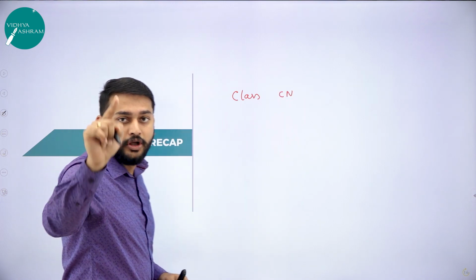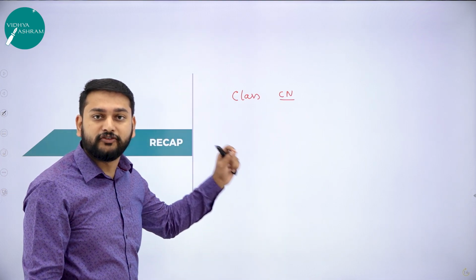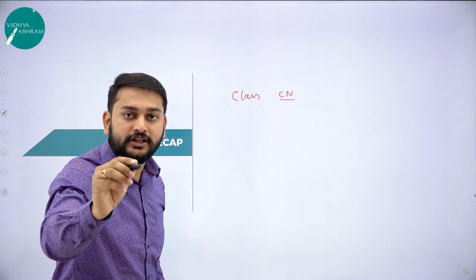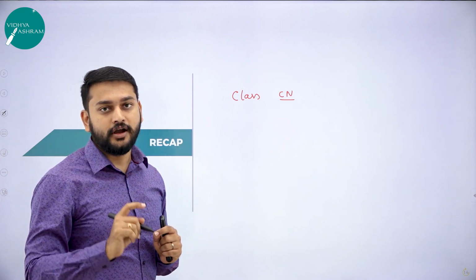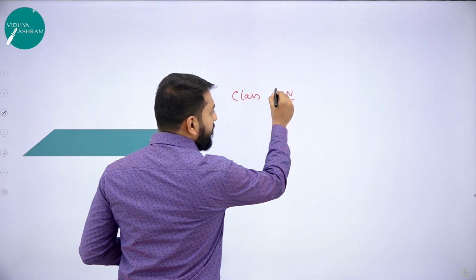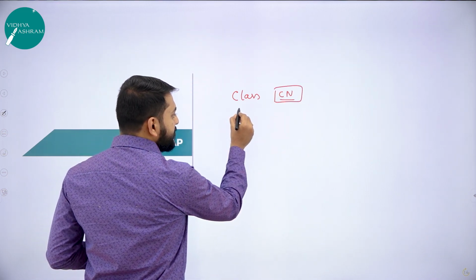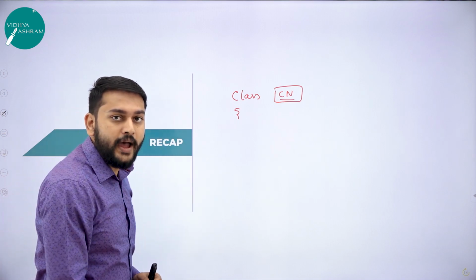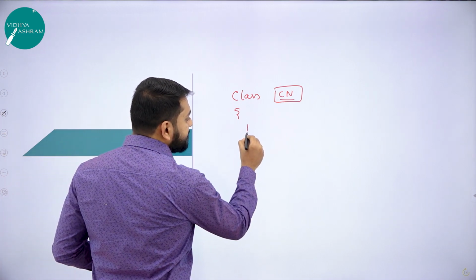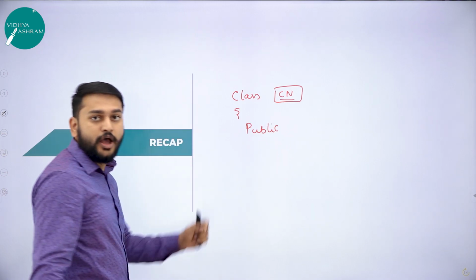Sir and madam, remember this name, I will be calling it as an identifier. So whenever you are giving a name for the class, you have to follow the rules of identifier. So that is what you need to remember with this particular point. The second one that you need to remember is I should start with opening the flower bracket, followed by the access specifier, that is public.